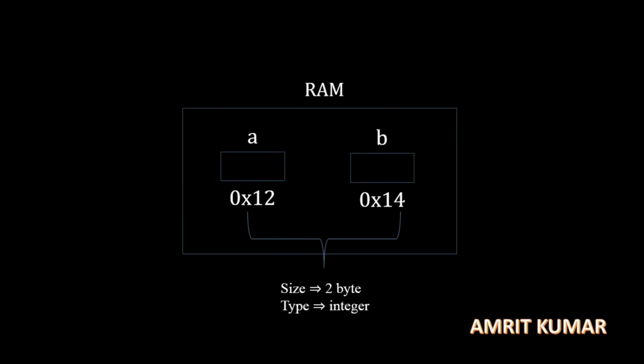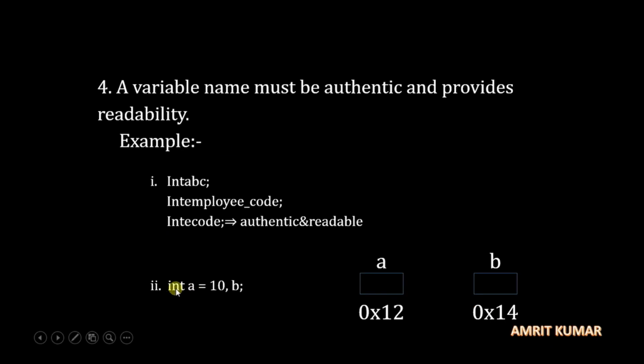So let's look at how it is working. This is the RAM, and in the RAM we have allocated memory for variable a. Here you can see we have initialized a and given the value 10, and we have initialized b also.